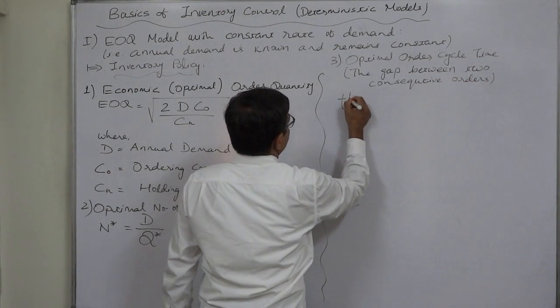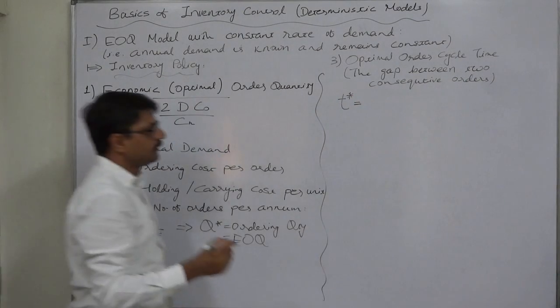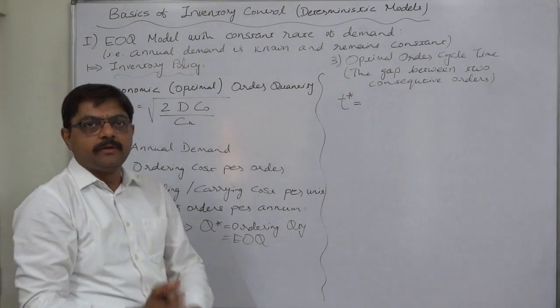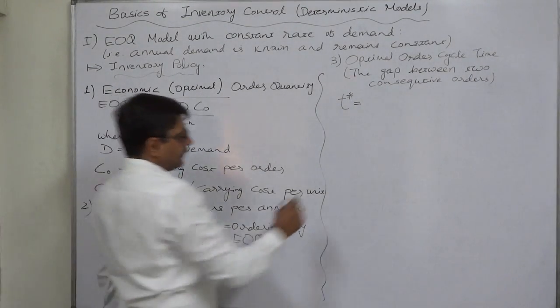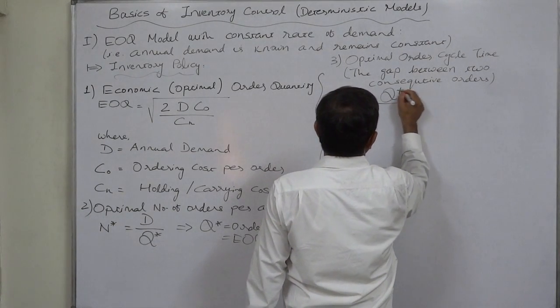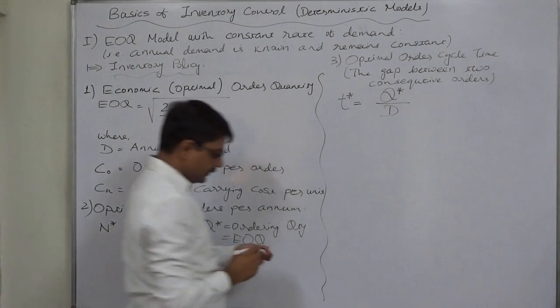That is known as T star. T for time. What is the gap of time between the two consecutive orders? That will be exactly reverse to the N star: Q star divided by D.